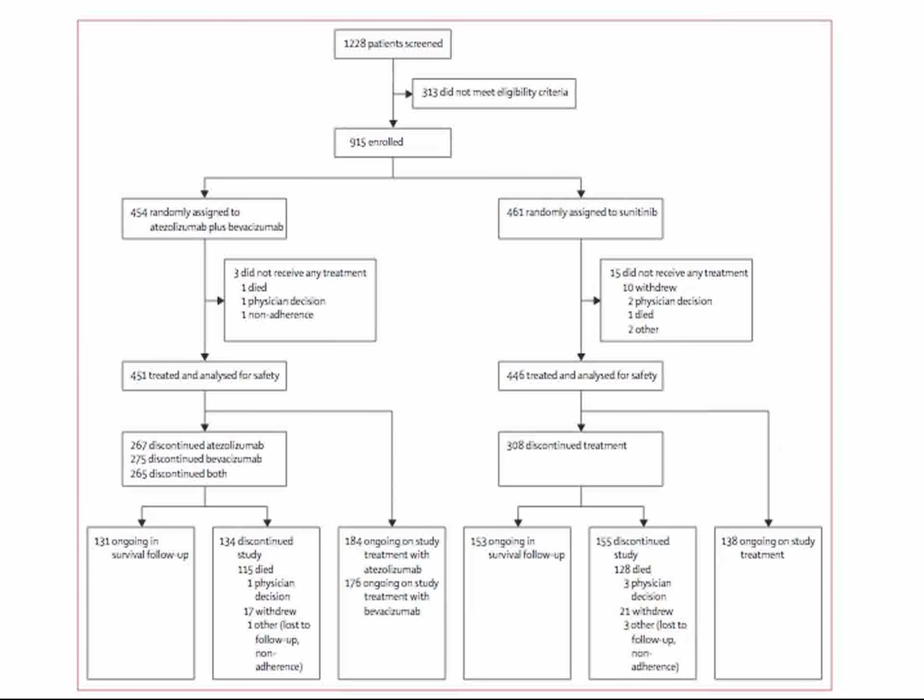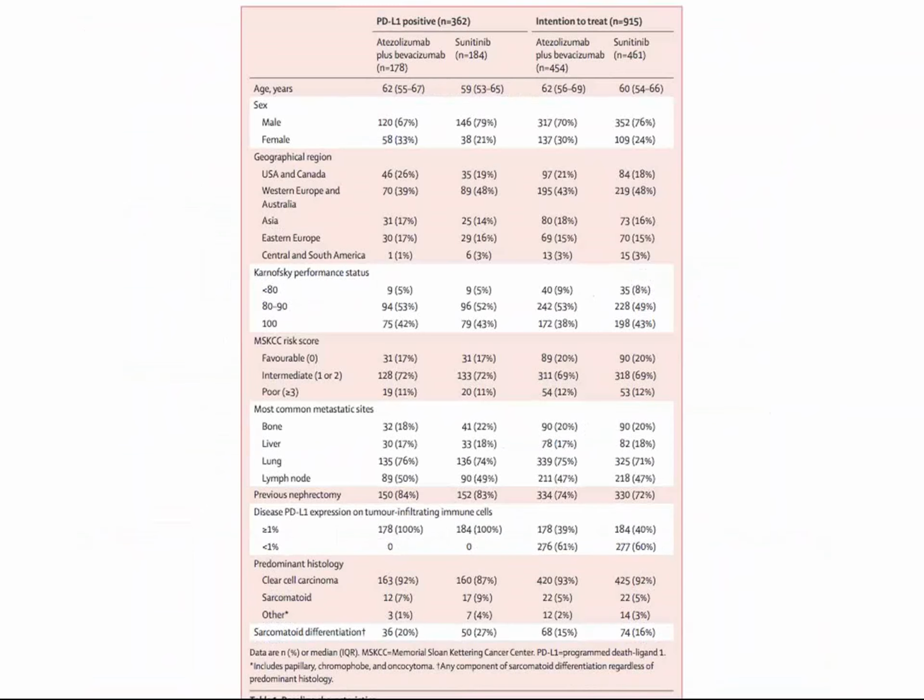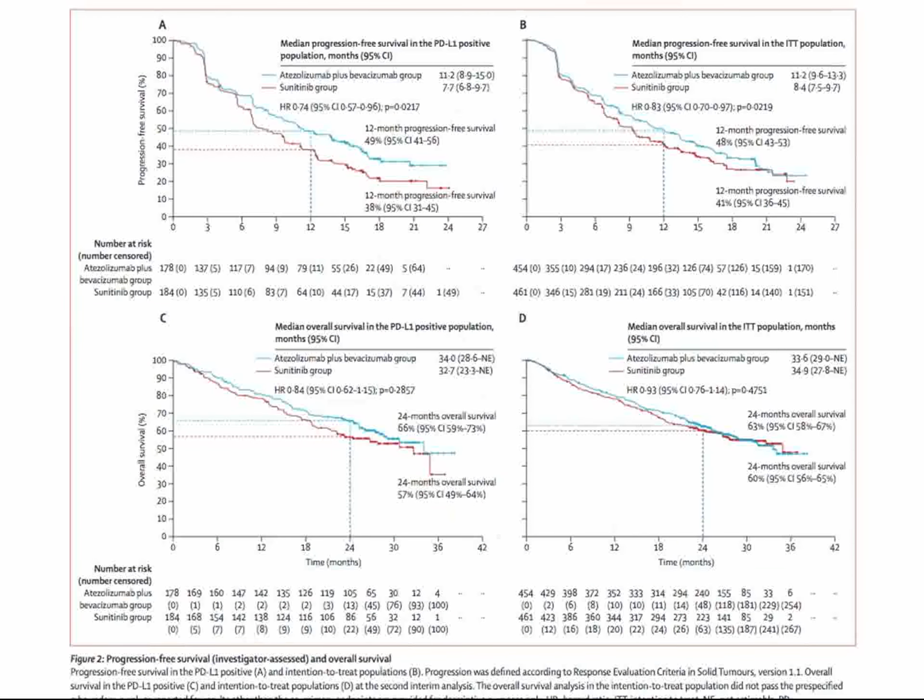And here's the randomization schemata. A lot of patients in this study, over 450 in each group, and otherwise various other clinical parameters were similar in the two groups. And what we see here is that progression-free survival was better in the PD-L1 inhibitor plus VEGF inhibitor group compared to sunitinib.